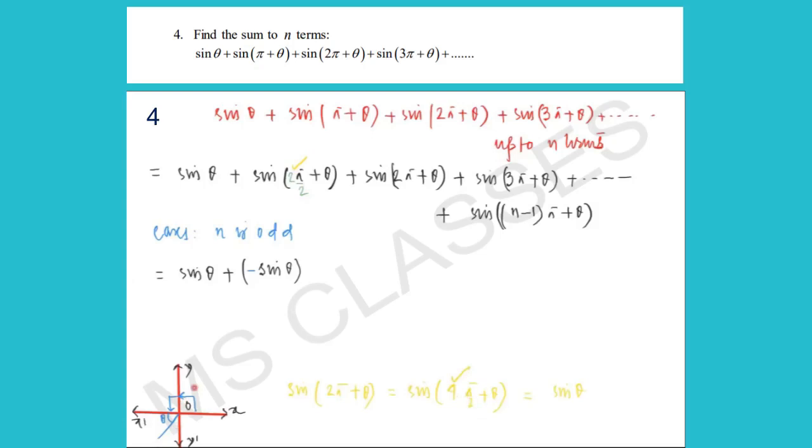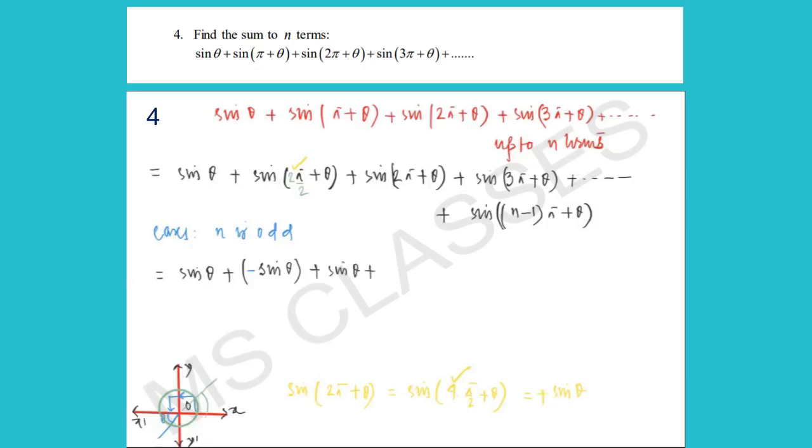Plus something is entering which quadrant? First quadrant. In the first quadrant, sign is positive. All trigonometric ratios are positive. So what we write here for the third term is sin theta.